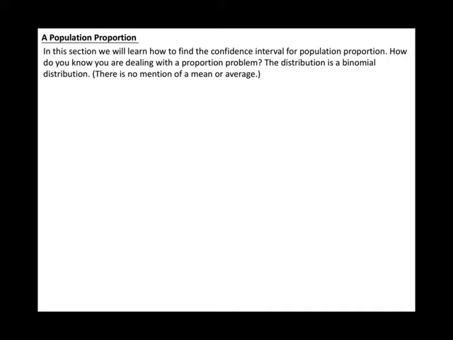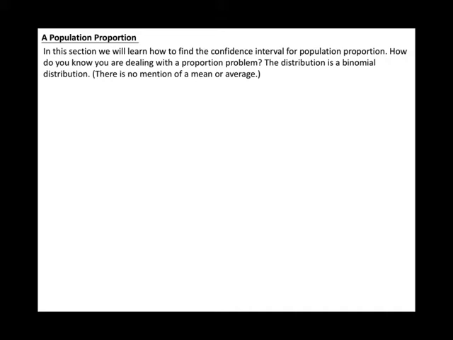How do you know you are dealing with a proportion problem? The distribution is a binomial distribution, and there is no mention of a mean or average. On the homework or the exam, I will mix up the order. You need to know how to construct the confidence interval for the population mean, proportion, standard deviation, or variance.